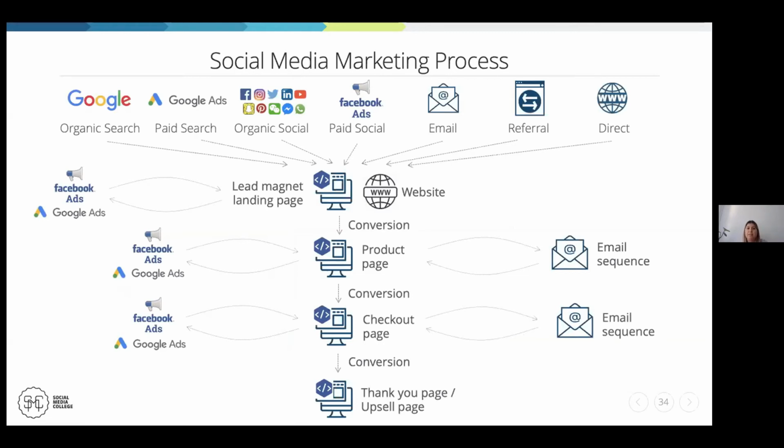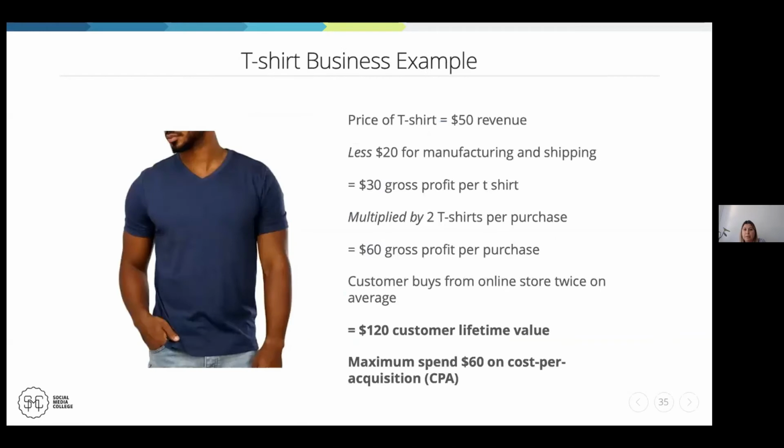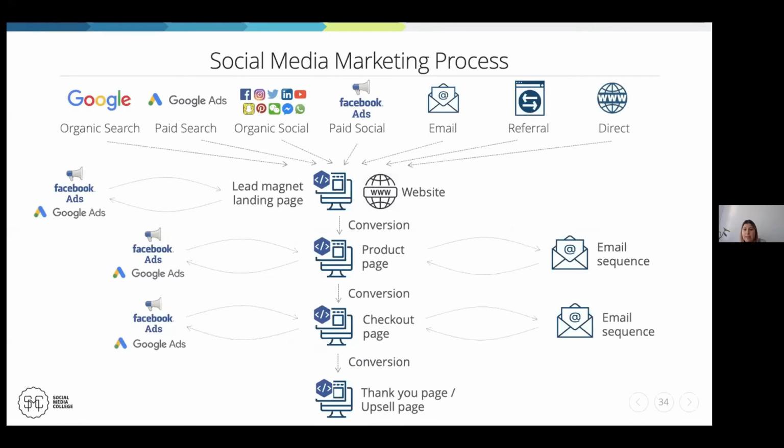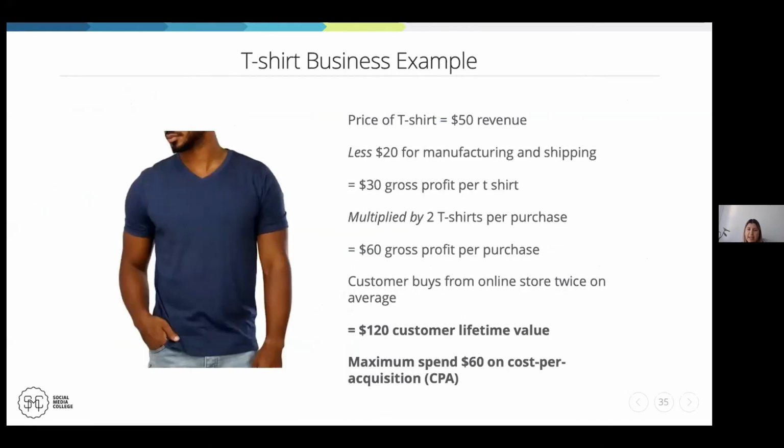It's like a little system that happens. Over time, even though in this example they just may buy once, from your data and knowing who your customers are, the value to your business is actually $120 profit, which is pretty good, rather than the $50 they might have bought that first time.